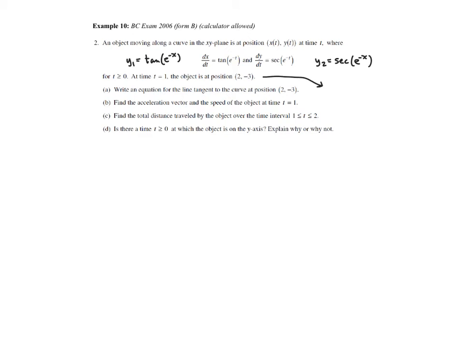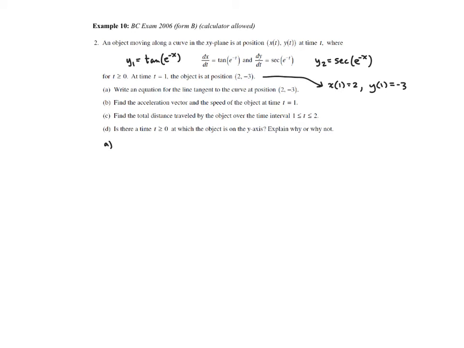That tells me that x of 1 is equal to 2, and y of 1 is equal to negative 3. All right, let's utilize that information. First of all, punching in those functions for y1 and y2. All right, so your functions should be in y1 and y2 for dx dt and dy dt.